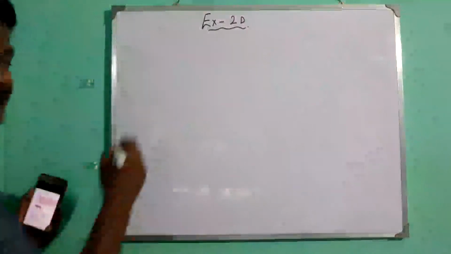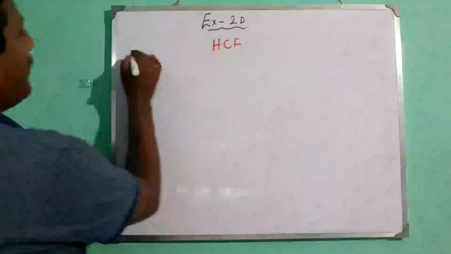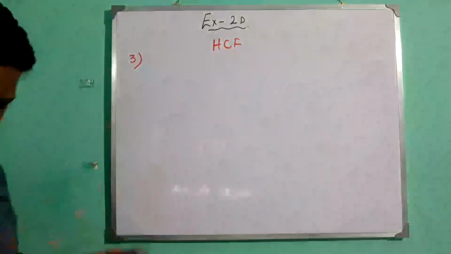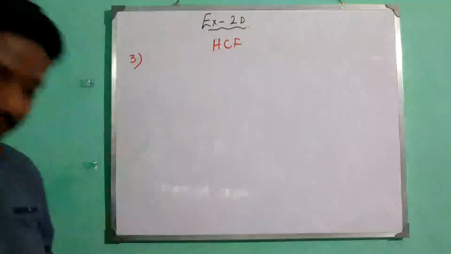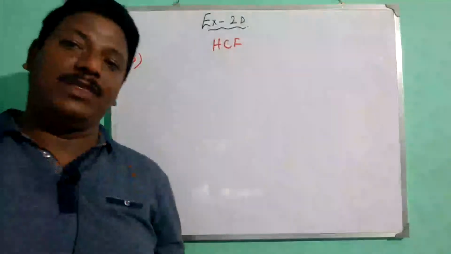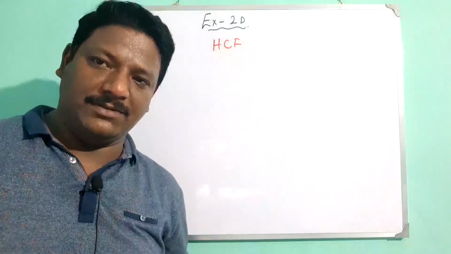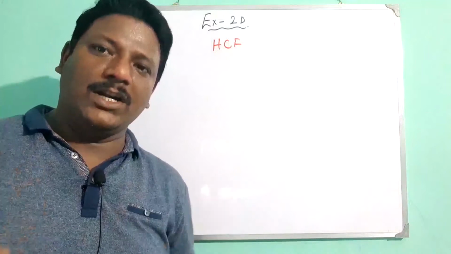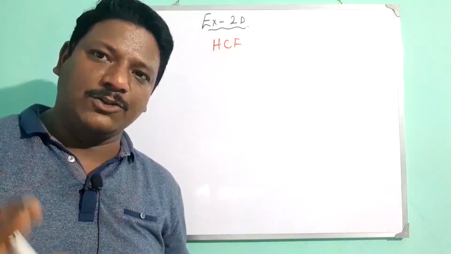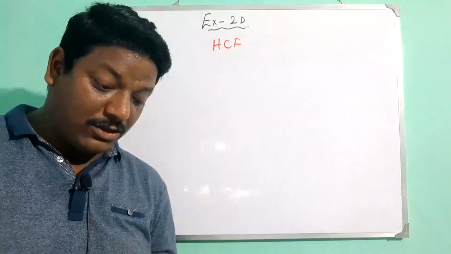Here the method is not mentioned, by which method we have to find the HCF. So you can find it with the help of the factorization method or with the help of the long division method, as per your comfort, as per your understanding, whichever method you understand easily and can write. And you can solve the sum.